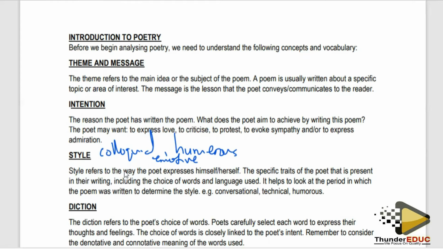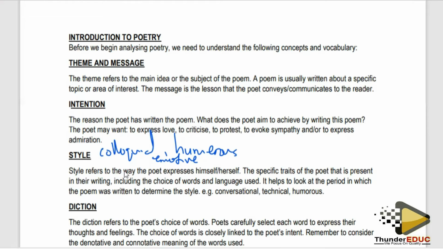All right, diction. Diction refers to the poet's choice of words. Words have an impact. Words are emotive. When a person uses a particular word in a conversation, you understand that this one was trying to really insult me, but said it in this word.